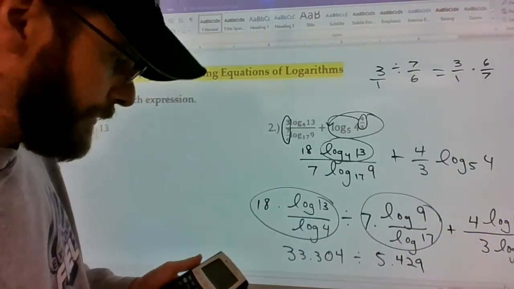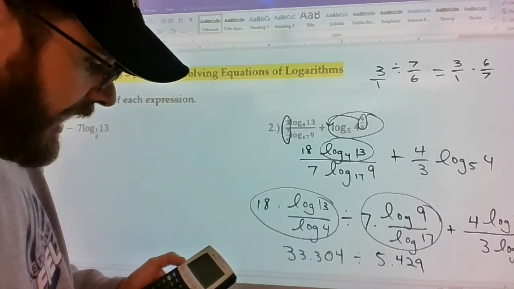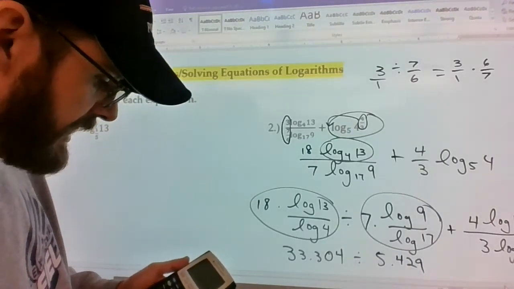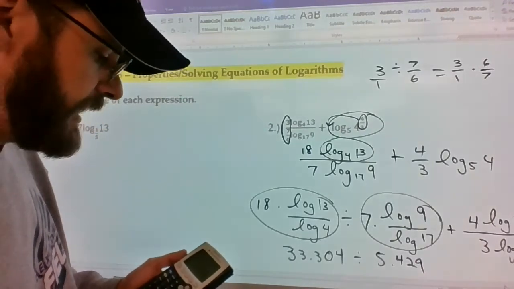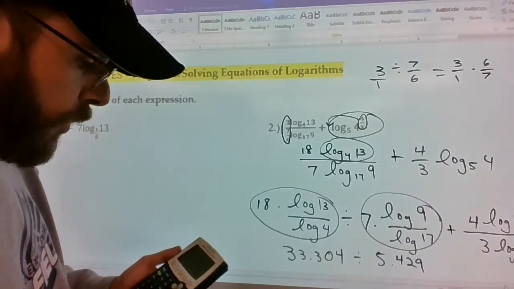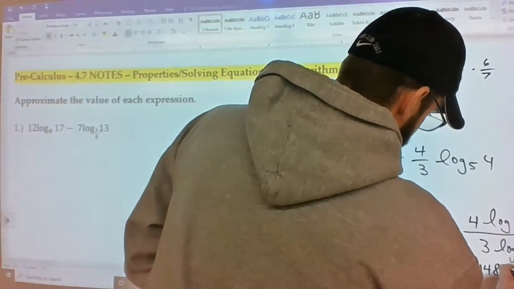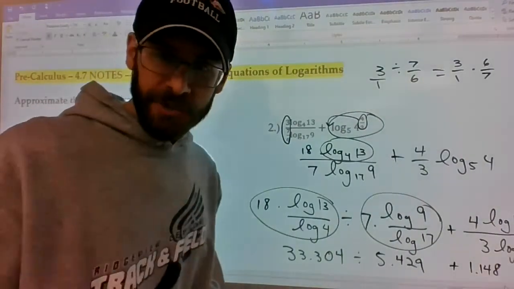And then the top, 4 times log of 4 divided by 3 times the log of 5, should come out to be 1.148. Oh, by the way, interesting thing here.